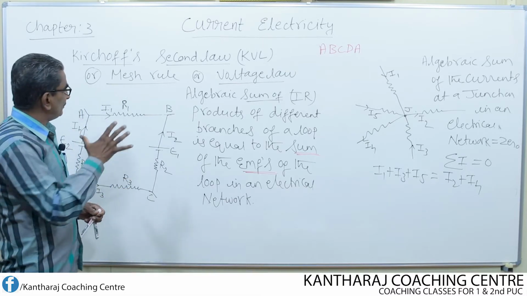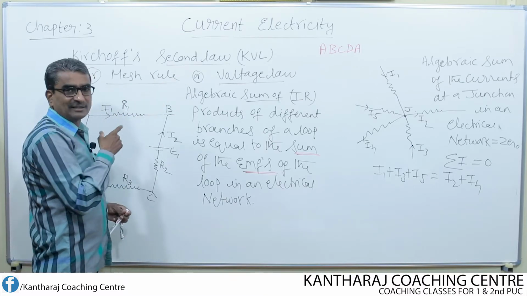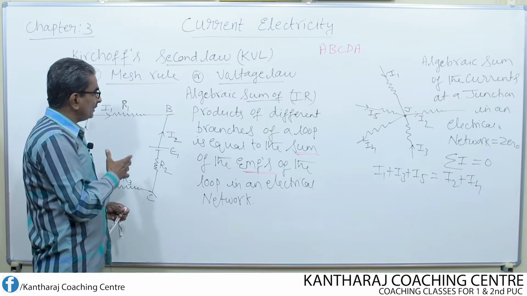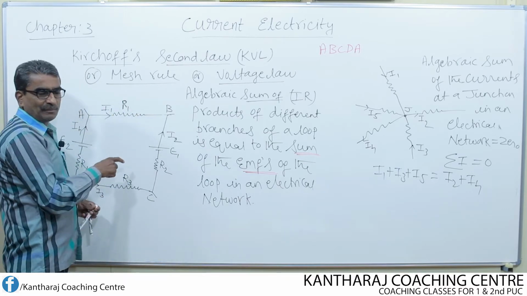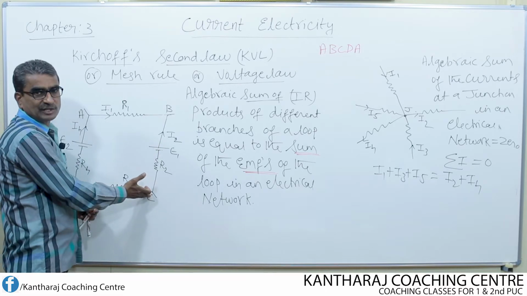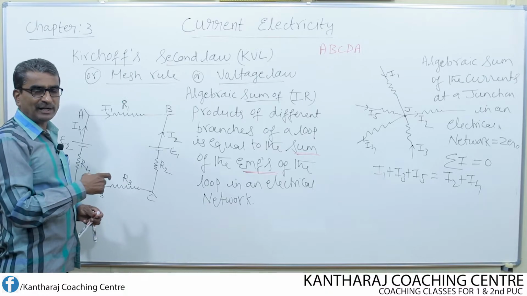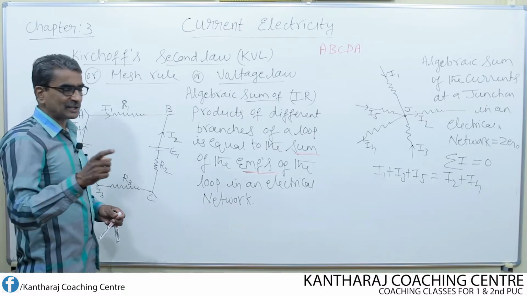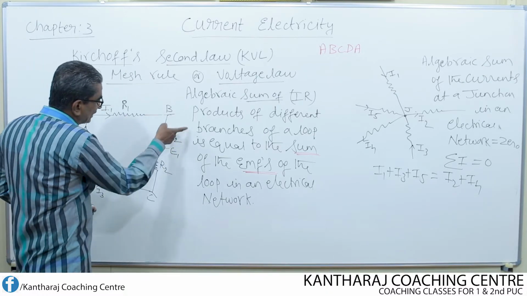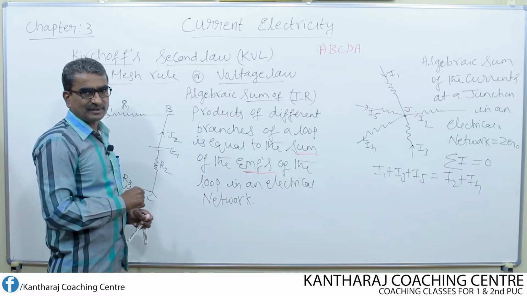Whenever you want to apply the second rule to any electrical mesh or loop, start from any one of the points, either from A or from B, even from C also you can start. But from whichever point you start, you come back to the same point but move only in one direction, either in the clockwise direction or in the anti-clockwise direction. Don't forget this.